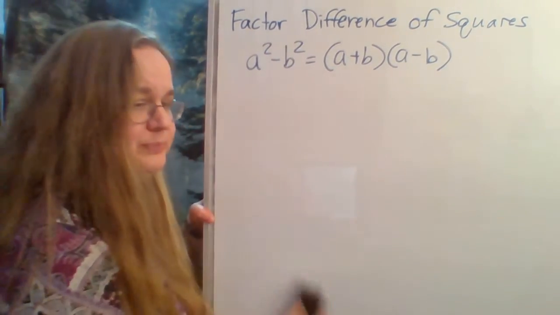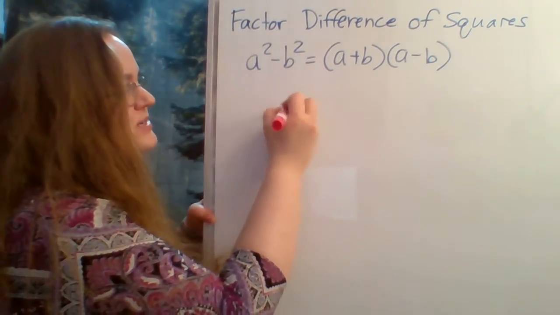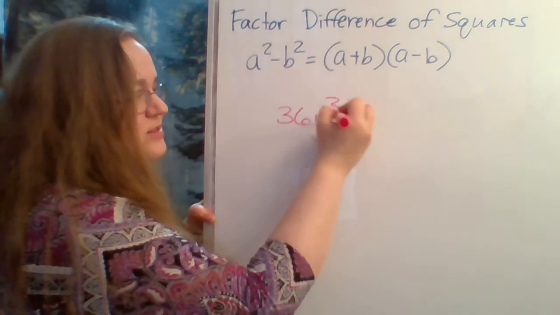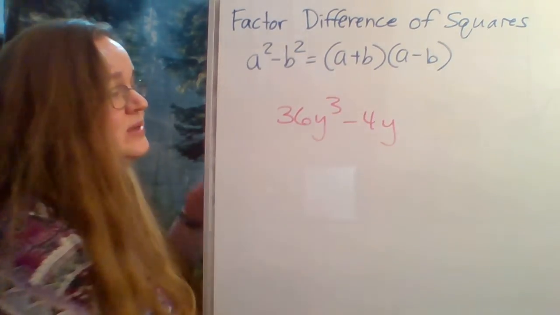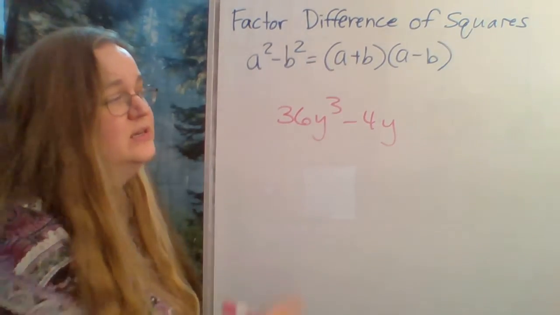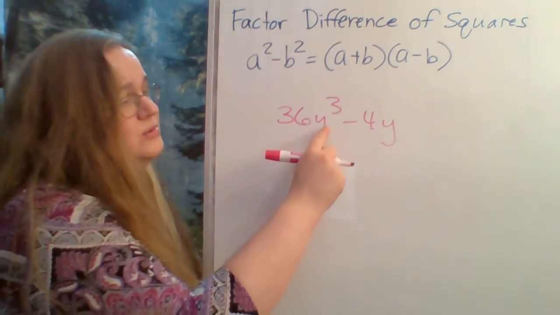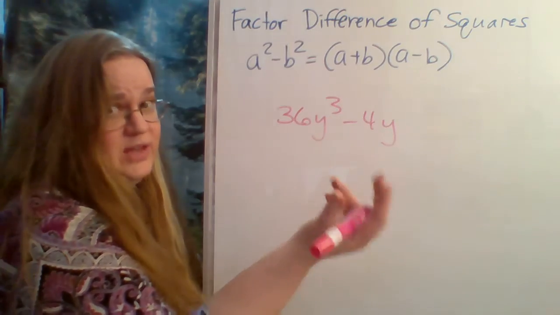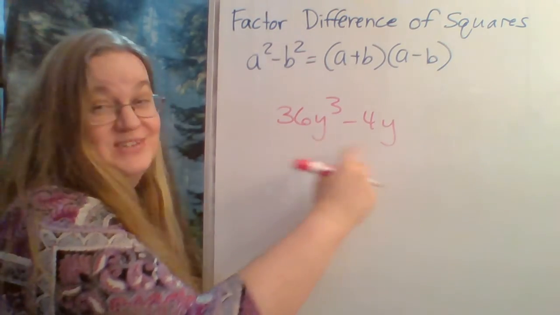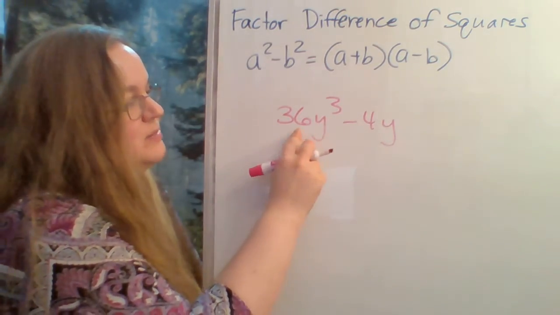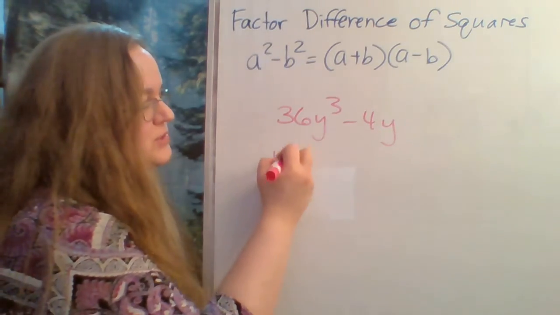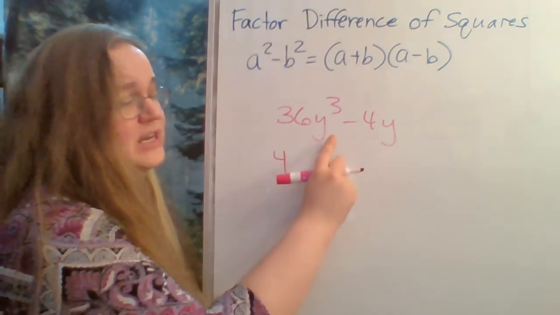All right, let's take a look at another example. 36y to the third minus 4y. As I'm looking, I have a y to the third. I need a y squared, or a y to the fourth would be fine. So I have to factor it out. 4 goes into 36, so it's part of the GCF.